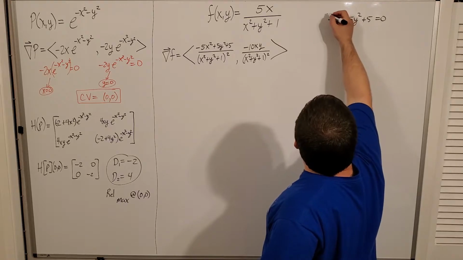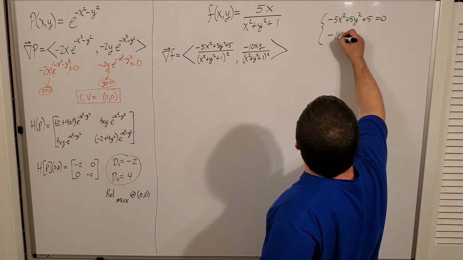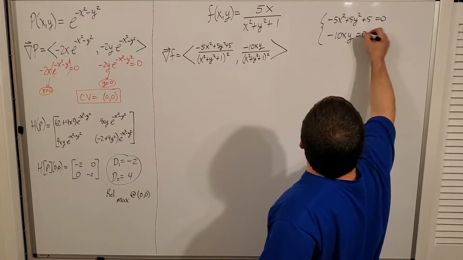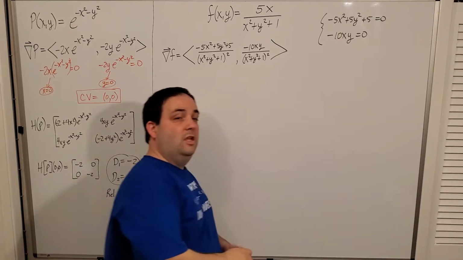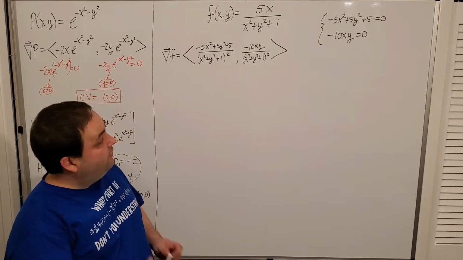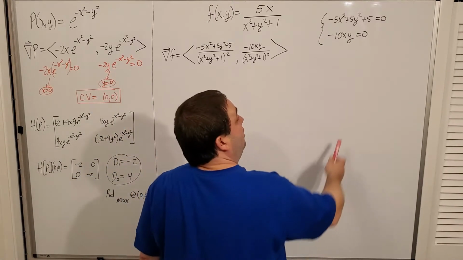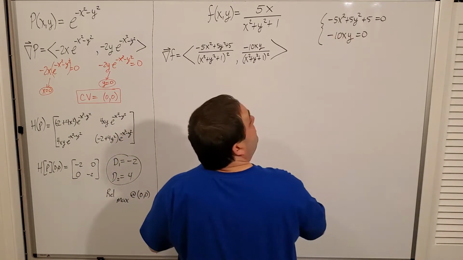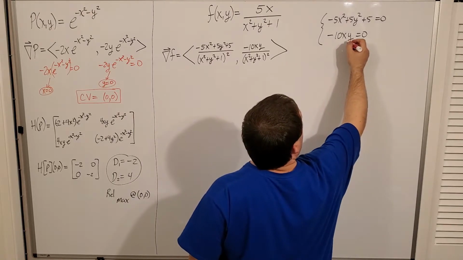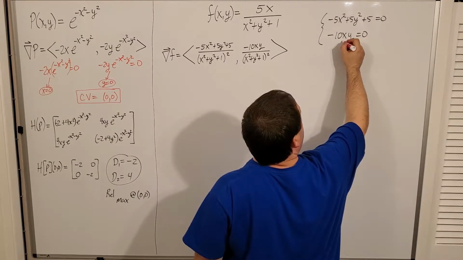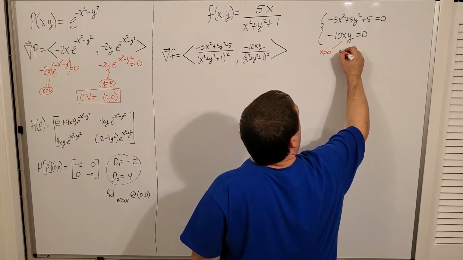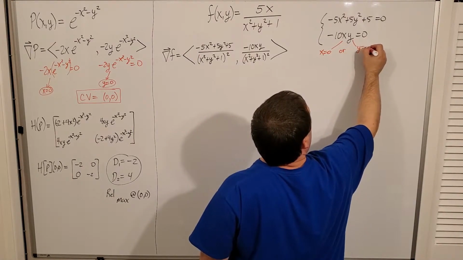And, right, together in a system, negative 10 times x times y is equal to 0. Remember, they have to work together to find the critical values. They can't do this independently. The bottom equation is very easy to solve. We have, from this bottom equation, either x is 0 or y is 0.